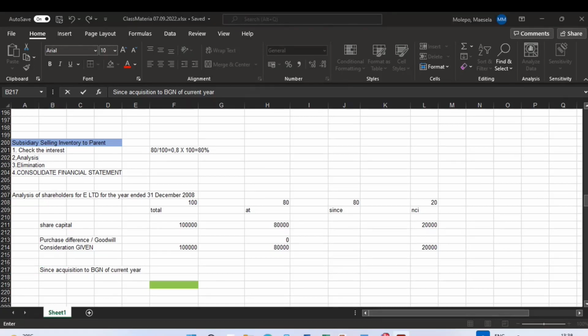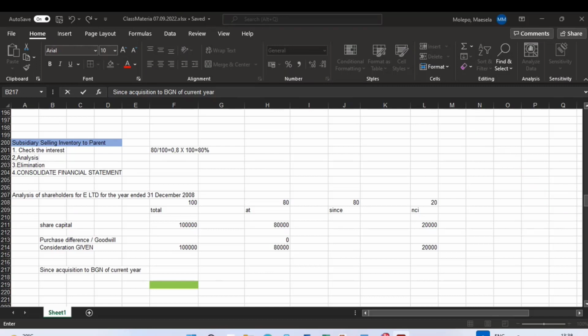As per the information given, we were told about the 40,000 of the inventory. During the year, D Limited purchased all its inventory from E Limited at cost plus 25%. The inventory on D Limited's books amounted to 40,000 on 1 January. So on 1 January, 40,000 was representing unrealized inventory.